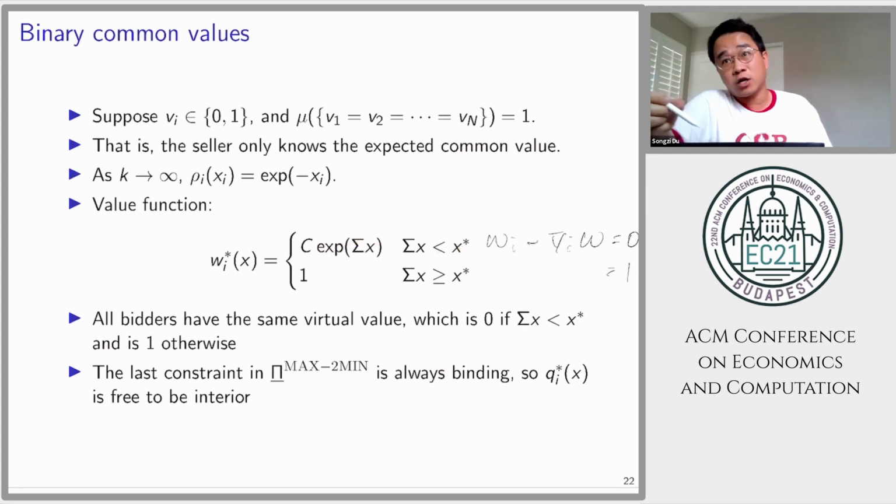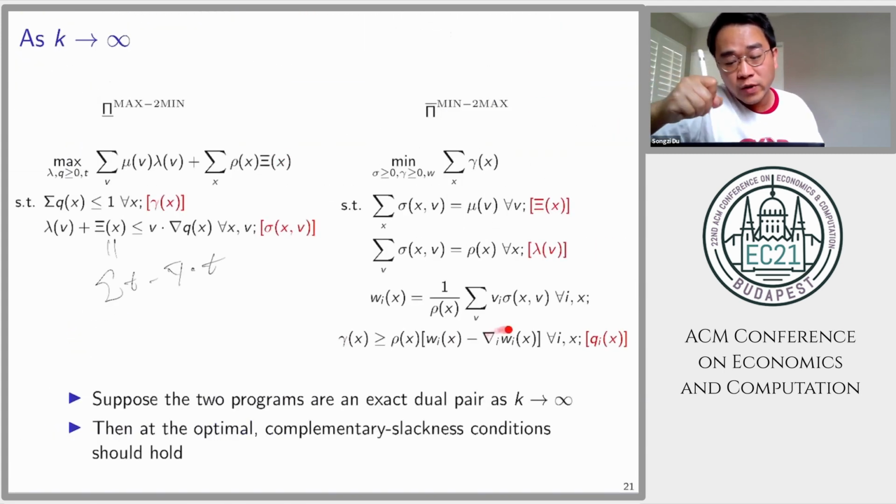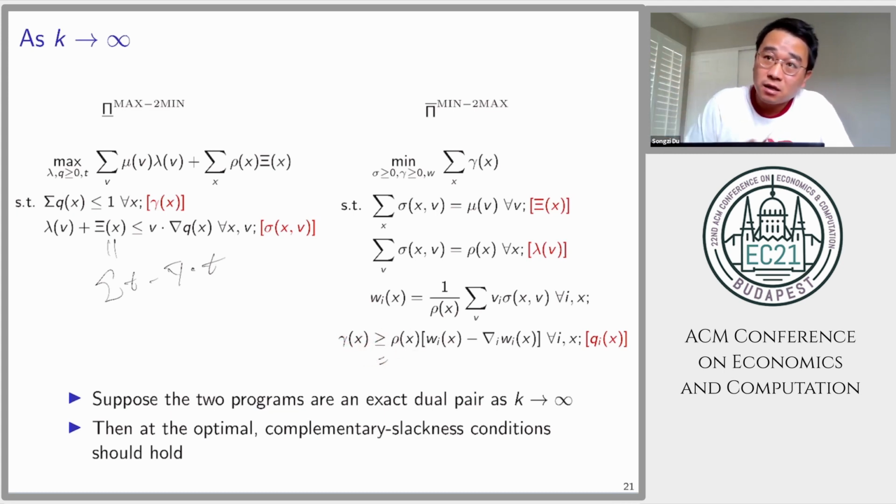So if we go back to the linear program, what we are saying is that this constraint can always be binding. This constraint holds with equality here, because in this constraint we are maximizing the virtual value across bidders, but all of the bidders by construction have the same virtual value.